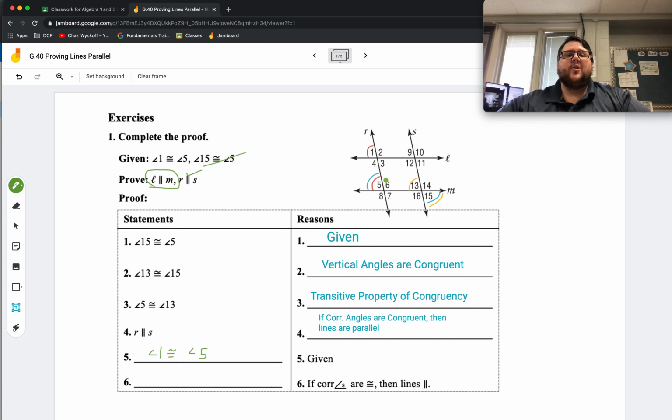Automatically we realize that 1 and 5 are corresponding angles. Since they're corresponding angles, and we already know if corresponding angles are congruent, then the lines are parallel, we have just proven that L is parallel to M. And then we're done. We proved both things they wanted: R is parallel to S, and L is parallel to M.